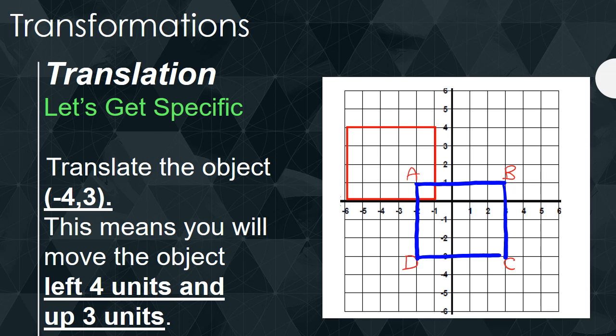But let's go ahead and label our new rectangle, our new points. We had -6, +4 as A prime. Then let's label them right: B prime, C prime, and D prime. And you see that we moved the rectangle 4 units to the left and then 3 units up to get our new rectangle.